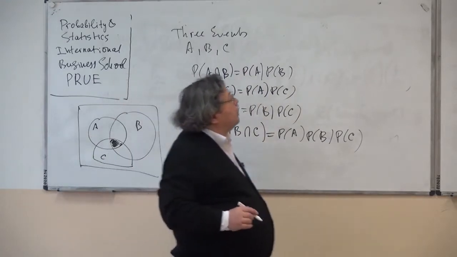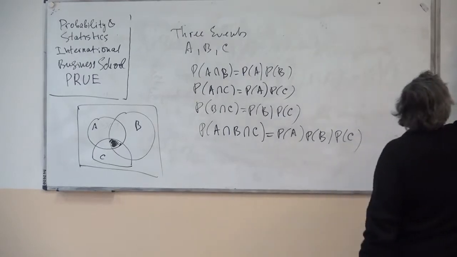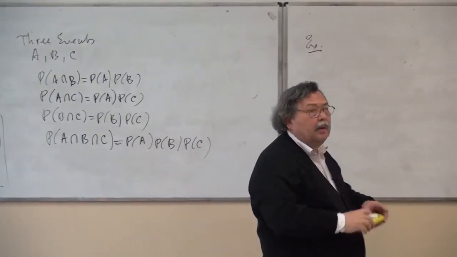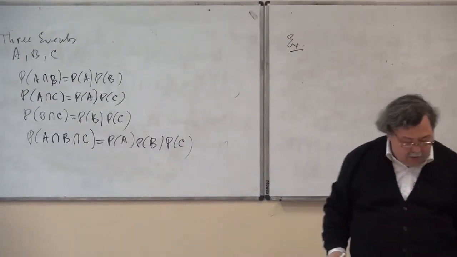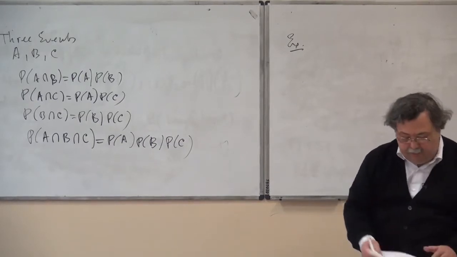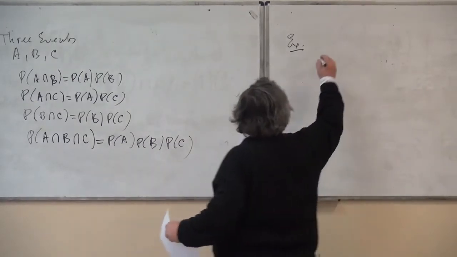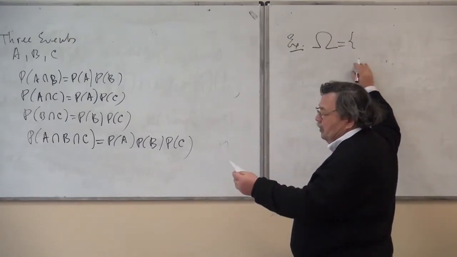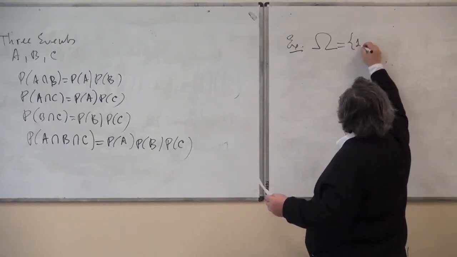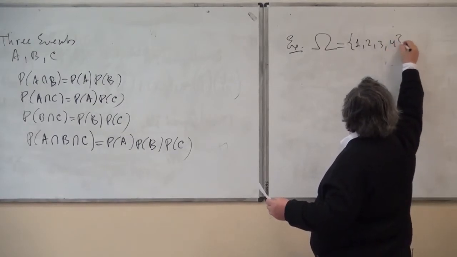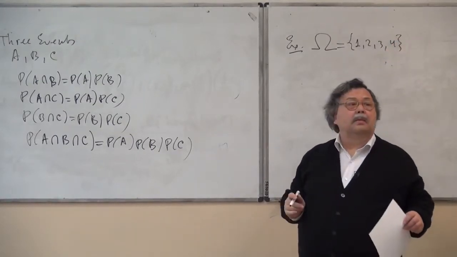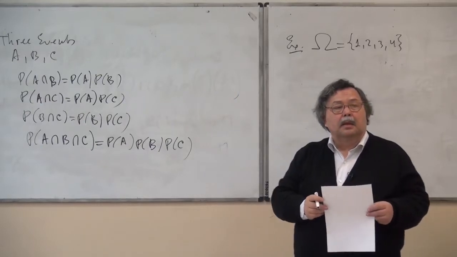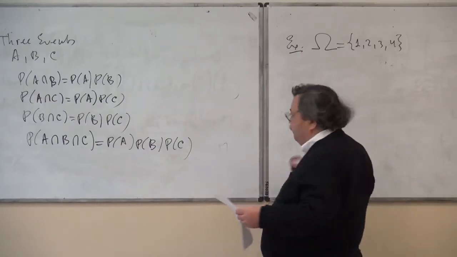Let's give it an illustration. Suppose we select one element at random from this sample space: 1, 2, 3, 4. So we choose one number at random out of this set.